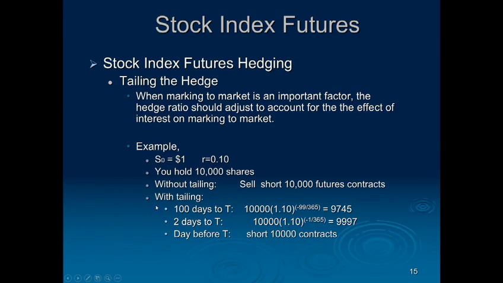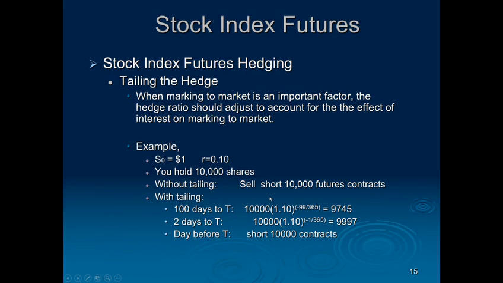So as days get closer to expiration, I have to go short on more and more futures contracts until the day before I actually have the exact number. The reason I'm not taking out the full number of futures contracts is because I know the interest that I could potentially earn from the margin account can offset some of that cost.